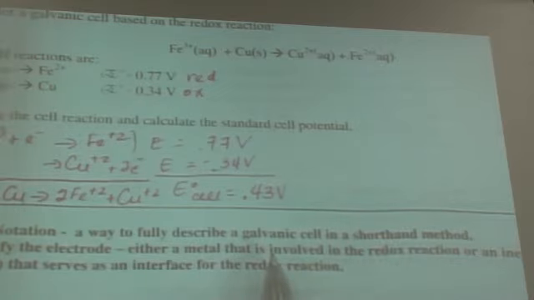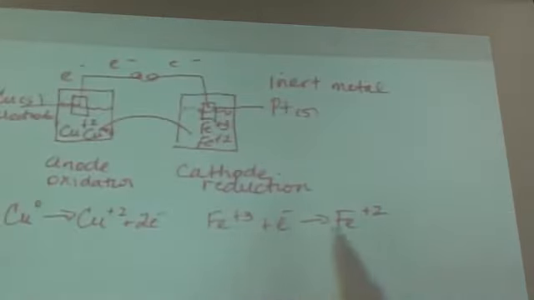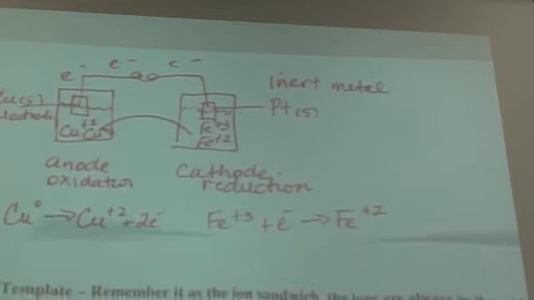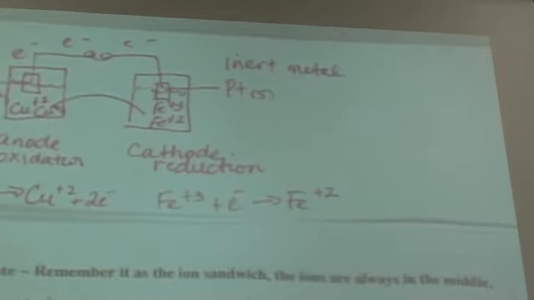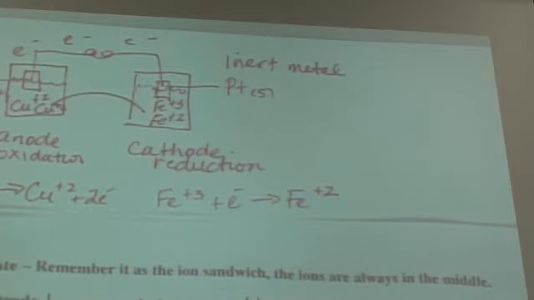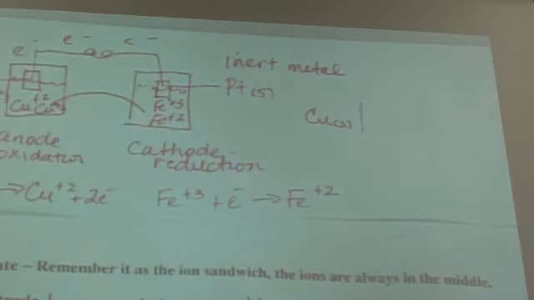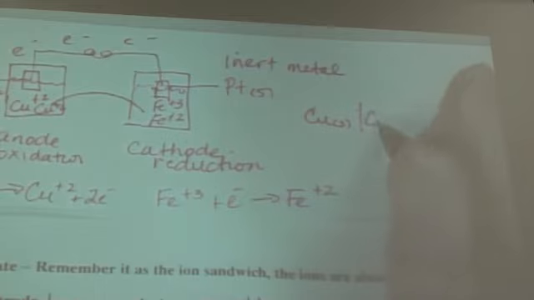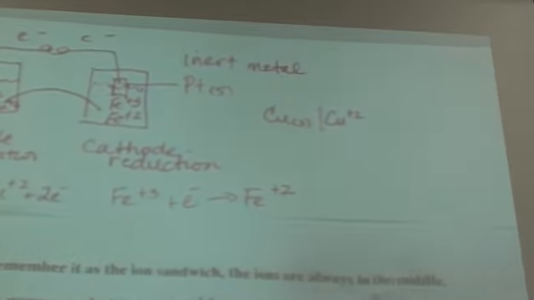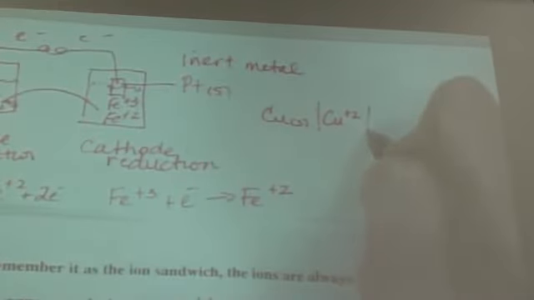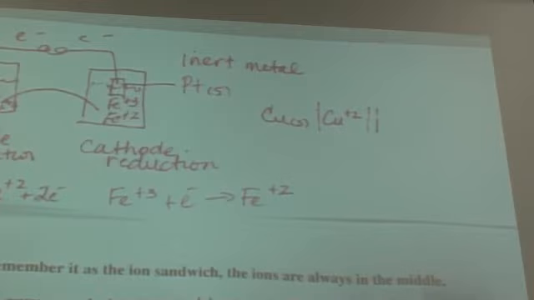Okay. So if we take this particular cell in mind, this is how we do a line notation. On the far left side, we're going to put the anode electrode that we decided was copper. Then you're going to draw a line denoting that it is interfacing with the aqueous solution at the anode, which is the copper 2 ion. Then we know that that is separated by the salt bridge, and we'll have 2 slash lines for the salt bridge.